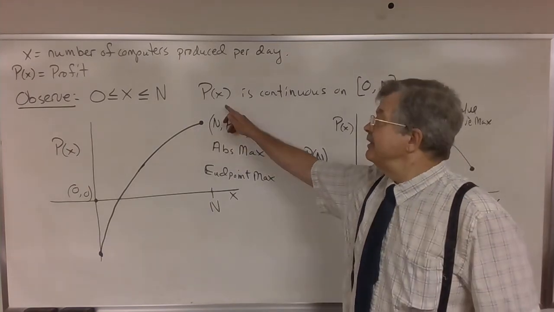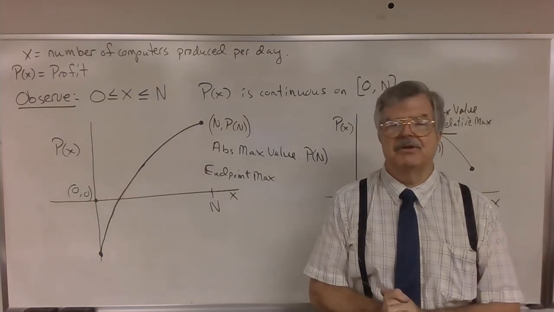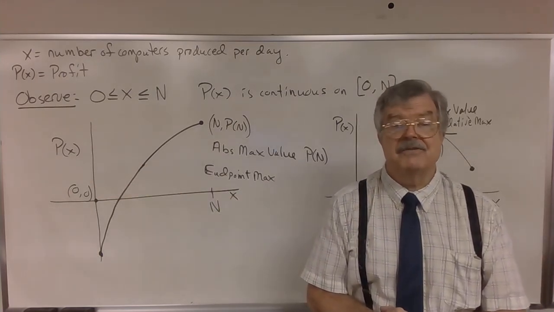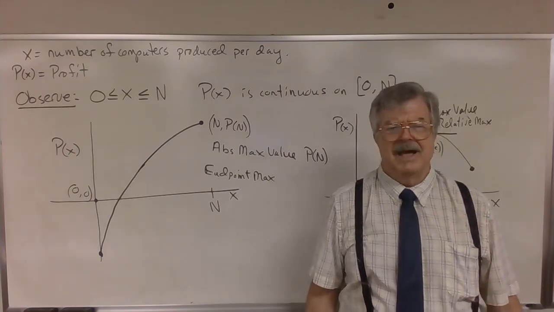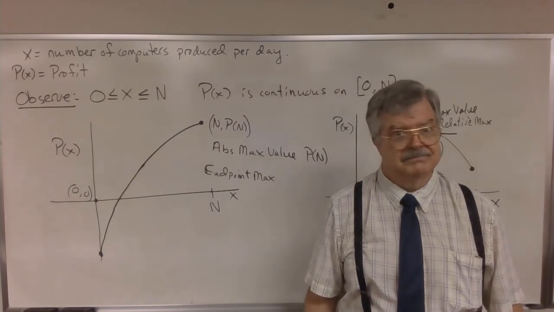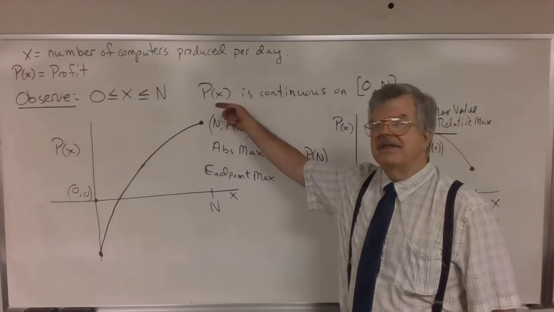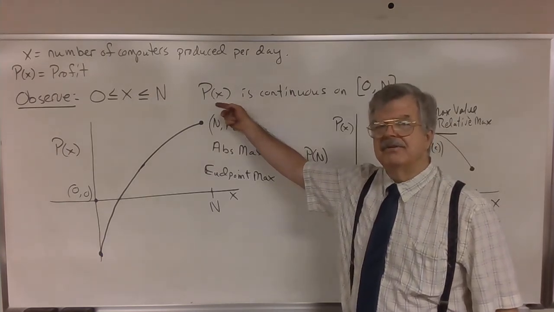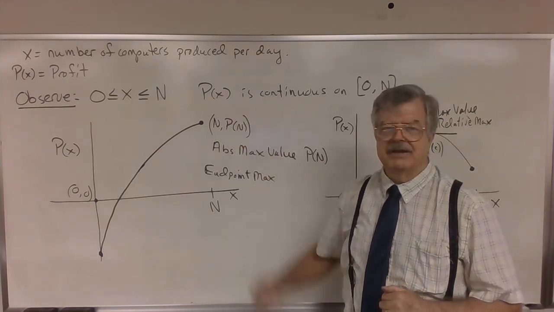We allow this function to be defined on the entire set of real numbers, which means we can produce negative 50,000 computers a day. Really? How do you produce negative number of computers? Having our function defined on the entire set of real numbers very often is the unrealistic situation.